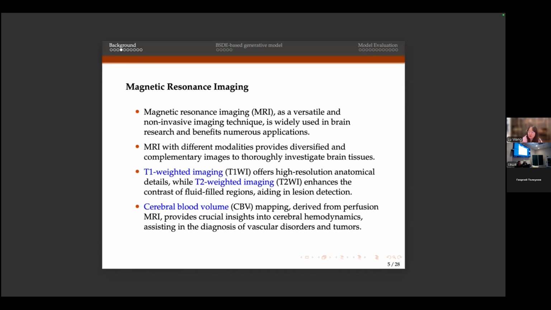So in the following, we will talk about how to transform T1WI to CBA, and also T1WI and T2WI to CBA. So that is our purpose.